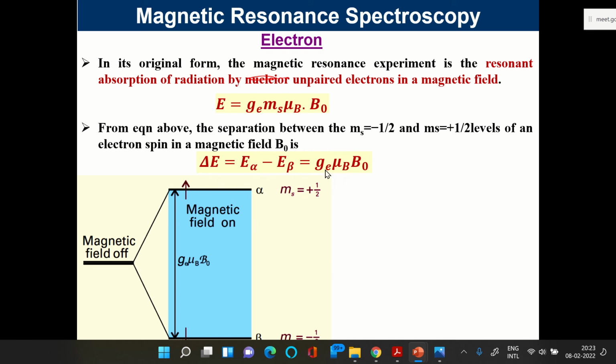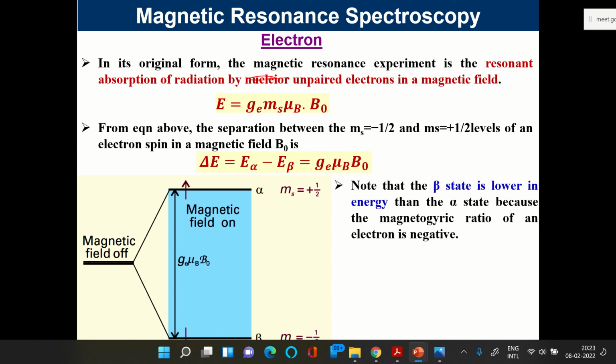So the separation between the two is dependent on the magnetic field. What you see here is a B naught term coming, and the other things are constant, g_e mu_B. So the higher the value of the externally applied magnetic field, the greater the separation. And the beta state, the down-spin state, is lower compared to alpha, because the magnetogyric ratio is negative for the electron.